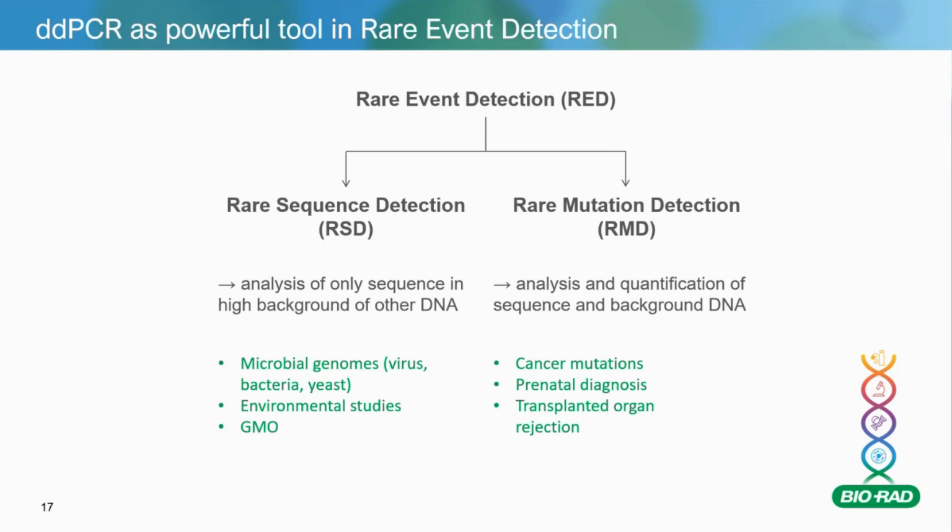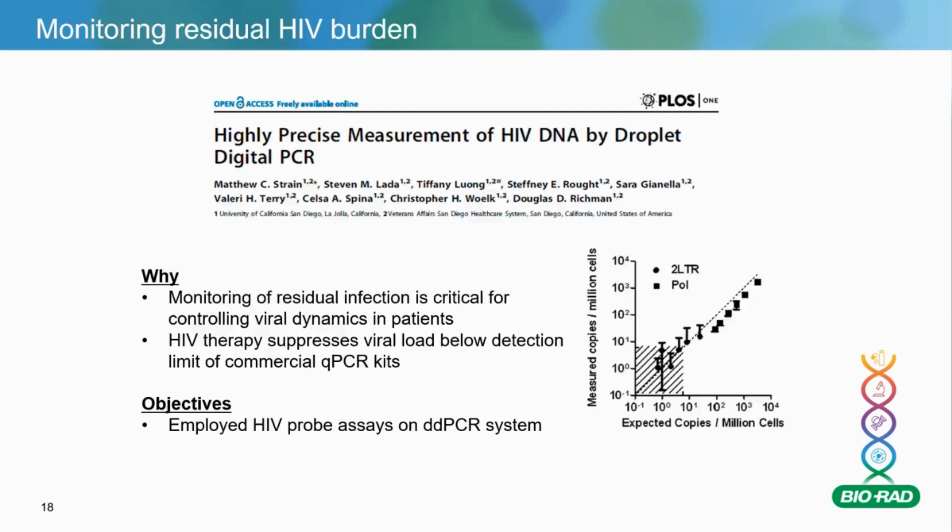Now, moving on to some examples of pathogen monitoring with ddPCR and where it's being used effectively. The first is monitoring of residual infection in HIV. Why is this being done? Well, it's critical for controlling the viral dynamics in a patient.